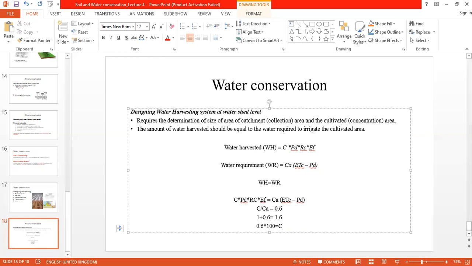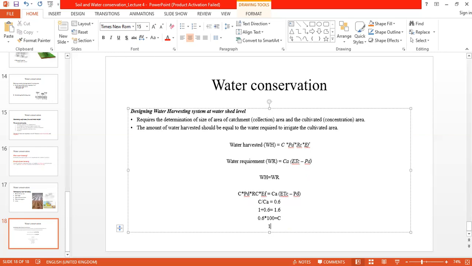Up to 60. Then if you want to find your cultivation area, here we've used 0.6 divided by 1.6, then times 100.